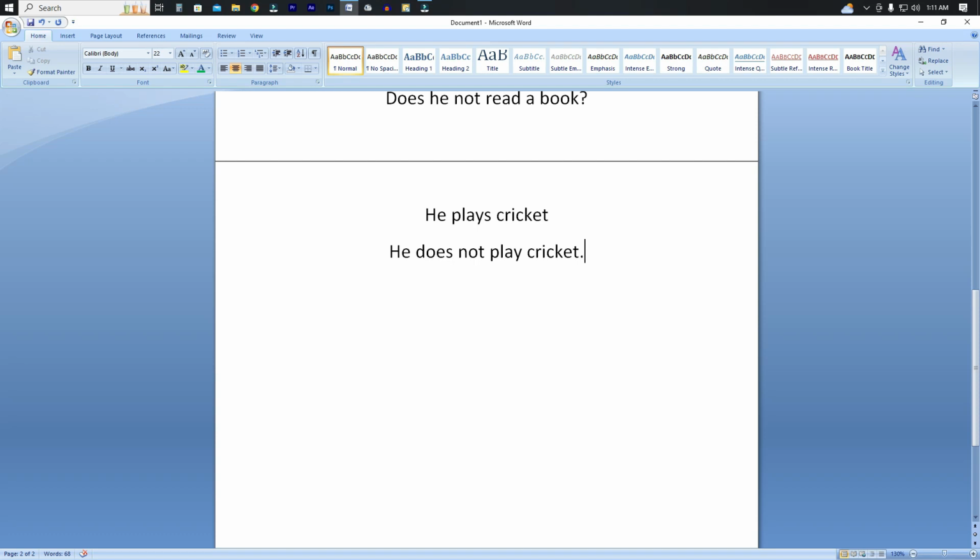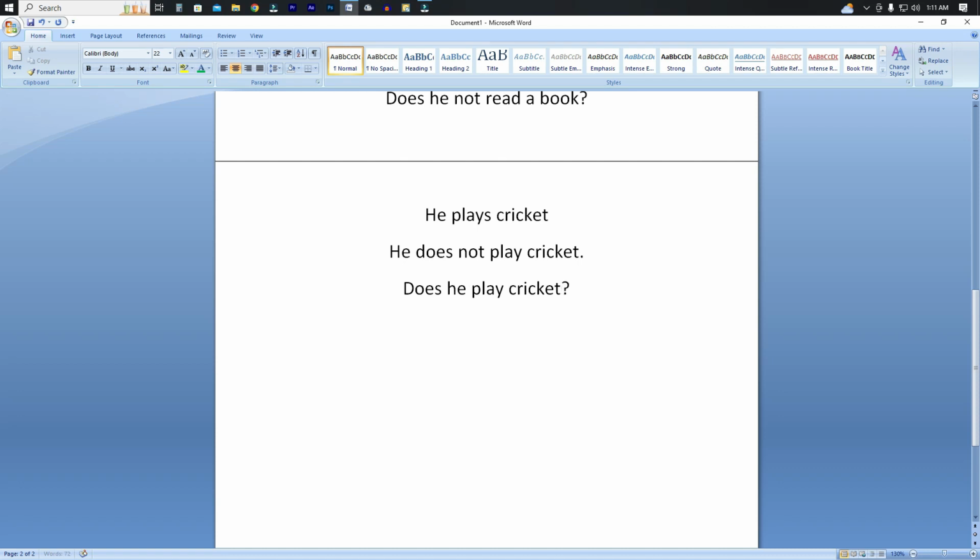Here the auxiliary verb does, so we write it first, and then the subject he, and the other part of the sentence, play cricket. This is an interrogative sentence, so we have to put a question mark.